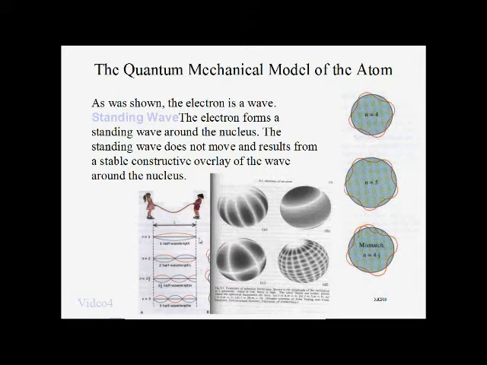So waves often have constraints associated with them. A vibrating string, the constraints are the ends don't move. But even with that constraint, we can get different modes of vibration. So the fundamental mode is where the whole string vibrates up and down.